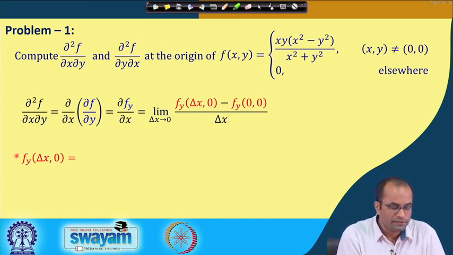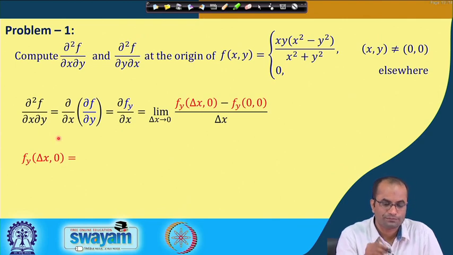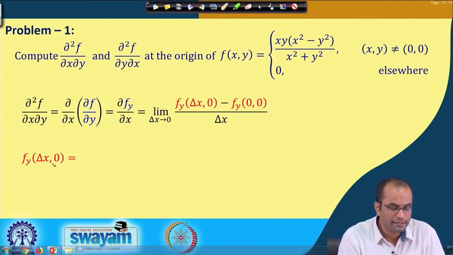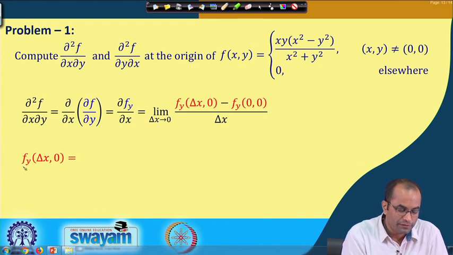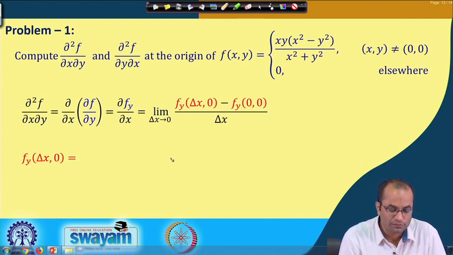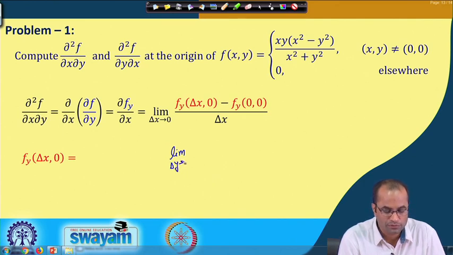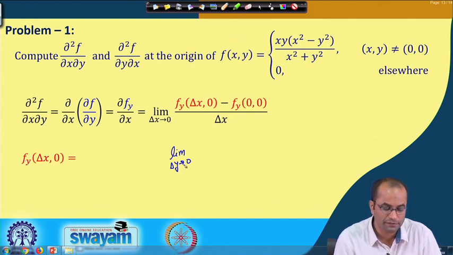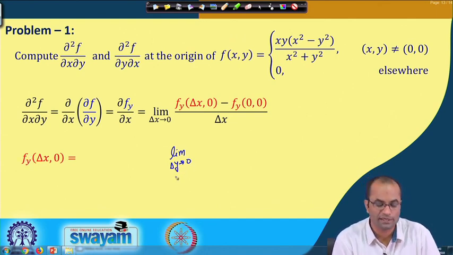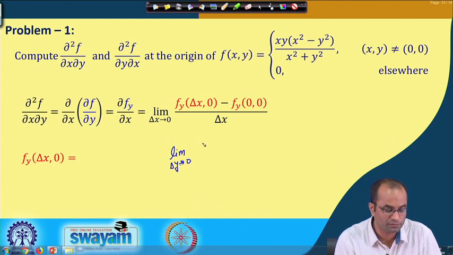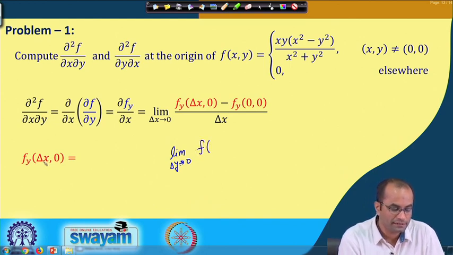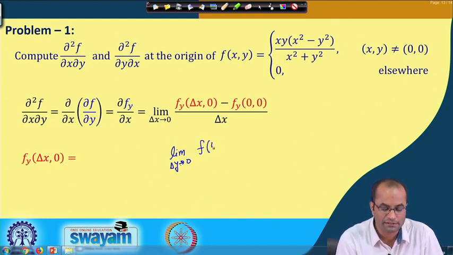So, let us compute f_y(delta x, 0). Here it is a partial derivative with respect to y, so we use the definition with delta y going to 0, of the function f. The increment has to be in the y argument. So f at (delta x, 0): the delta x will remain as it is, because we are not touching delta x, we are taking the derivative with respect to y.